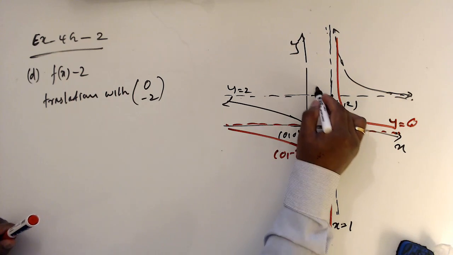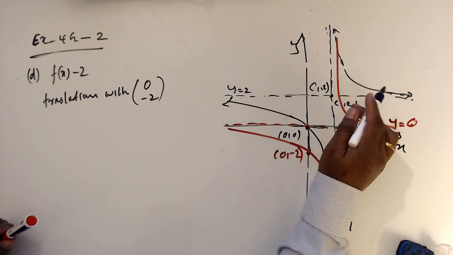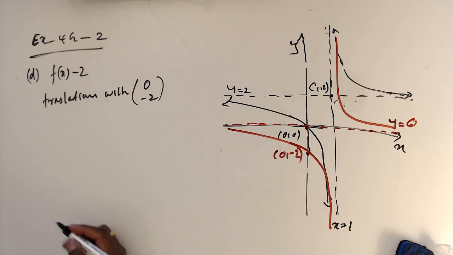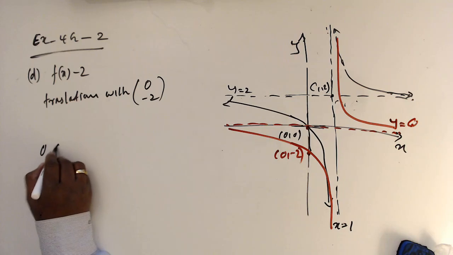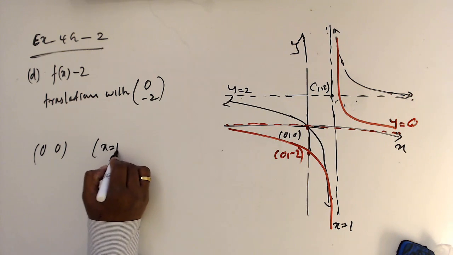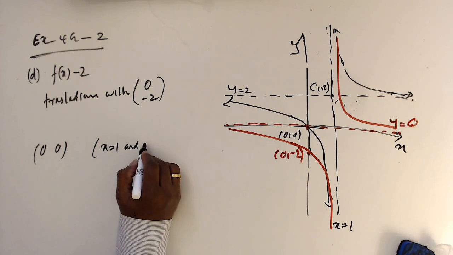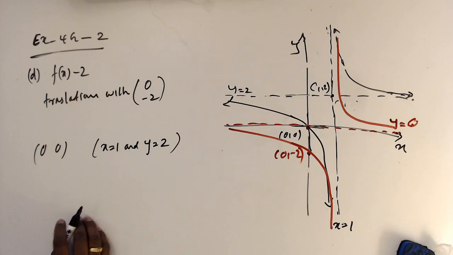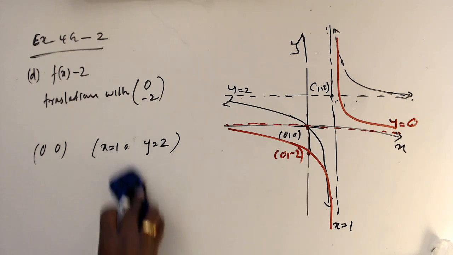This point is 1, 2. By looking at this, you can work out. Consider one point is 0, 0. Another one is x equal 1 and y equal 2. I write in this form. So those are the asymptotes we know now.